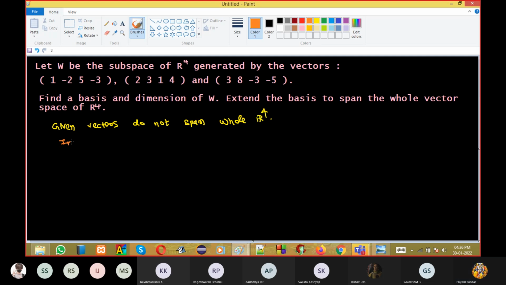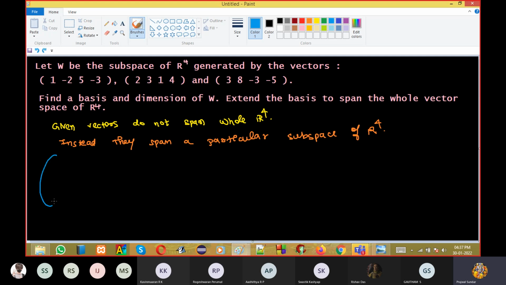Instead, they span a particular subspace of R power 4. The question they're asking is, find the dimension of that subspace. How you will do it is, just write the matrix like this, the same thing again.